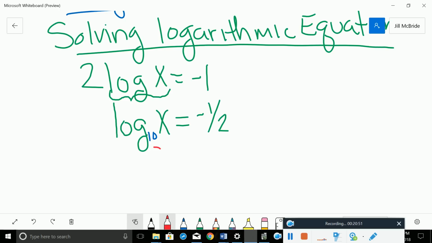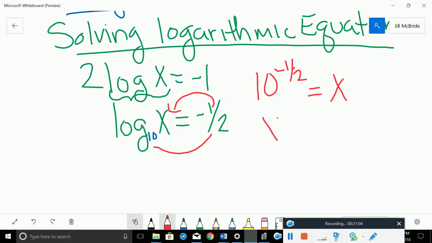So what I'm going to now do is turn this to an exponential. So 10 to the negative 1/2 equals x. I'm going to switch mine around just because I like it the other way. That's 1 over 10 to the positive 1/2.